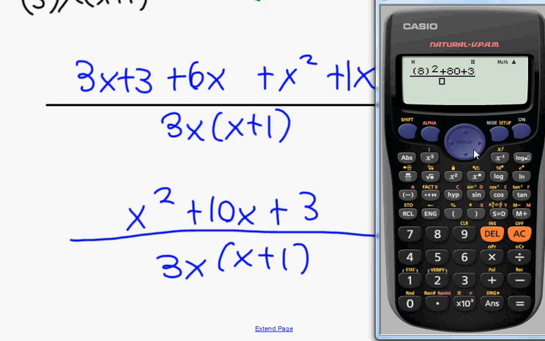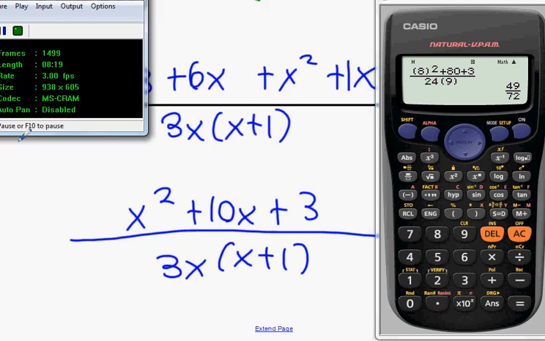On the bottom, 3 times 8, x plus 1, which is 8 plus 1. You don't think you're right, you know you're right. Do you get the difference? How long did that take me? A minute? So that's the difference. If you know you're right, then there's nothing ever to worry about.